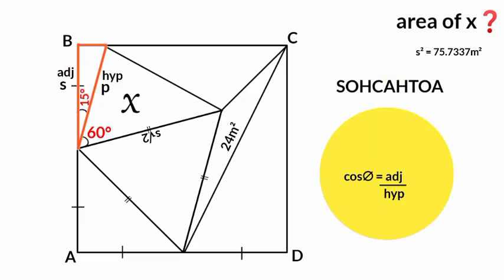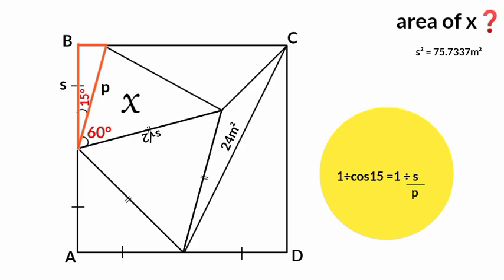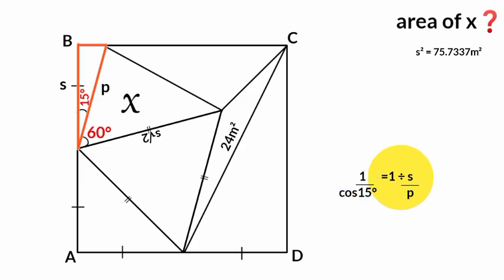Now cos theta equals adjacent over hypotenuse, theta is 15 degrees, hypotenuse is P, and adjacent is S. So cos 15 degrees equals S over P. Taking the reciprocal of both sides, 1 divided by cos 15 degrees equals 1 divided by S over P. That is 1 over cos 15 degrees equals P over S. 1 over cos 15 degrees, if you press your calculator, is 1.0353.